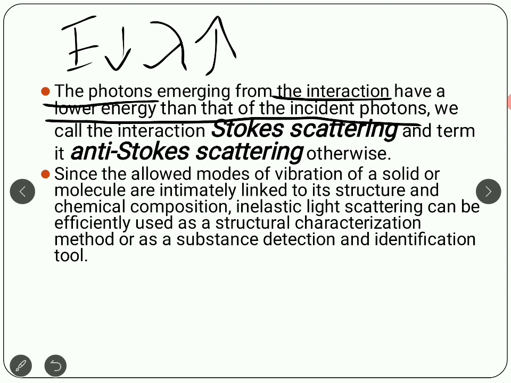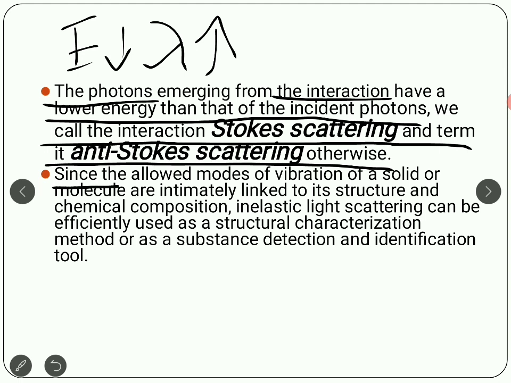And if we consider something as low energy, that means some kind of energy has been given to the system. We basically call it the Stokes scattering, and the term anti-Stokes scattering is used otherwise. Okay. So it might happen that within the system the incident photon will actually gain some kind of energy, and it will result in a higher energy exit. Okay, that will actually refer to anti-Stokes scattering.